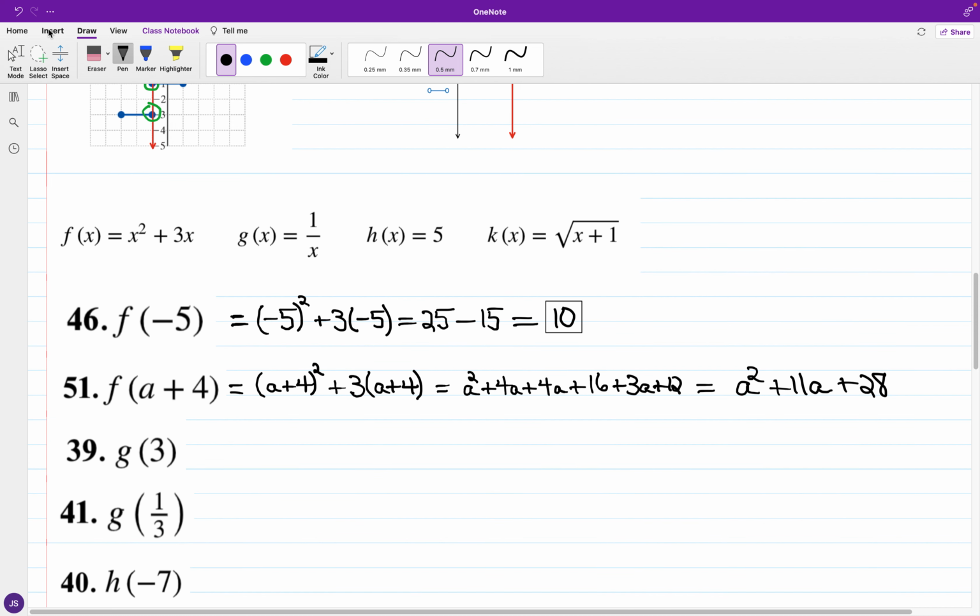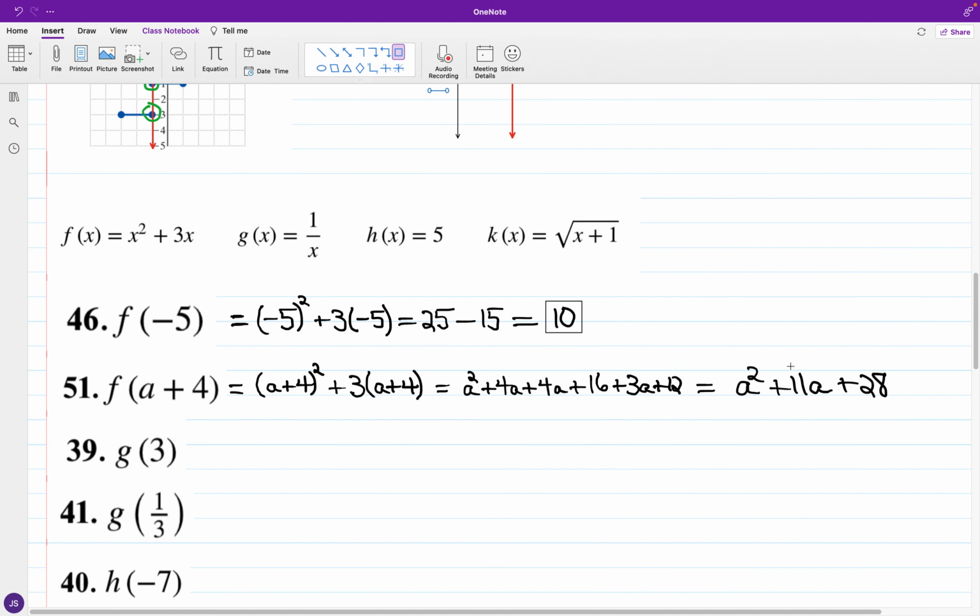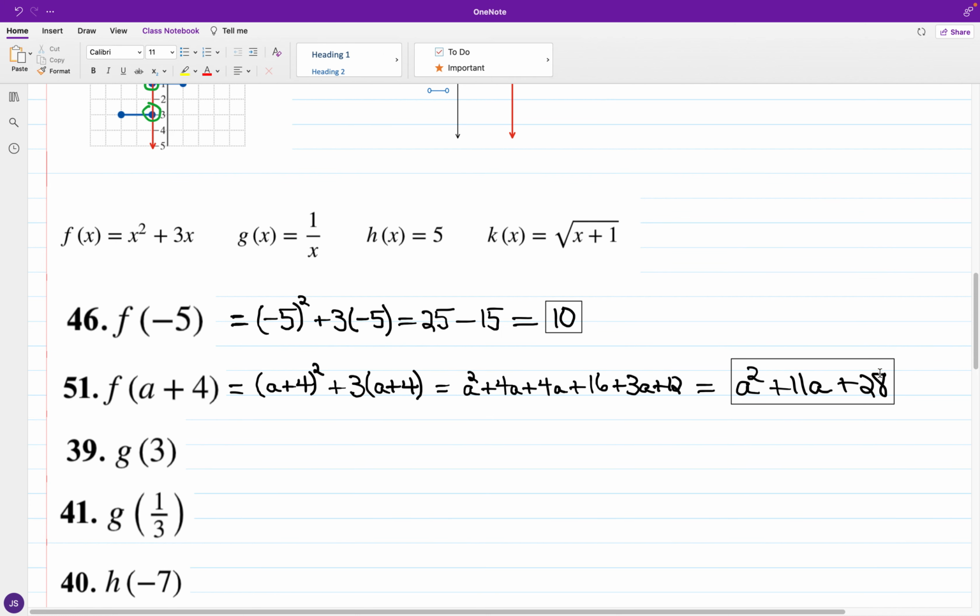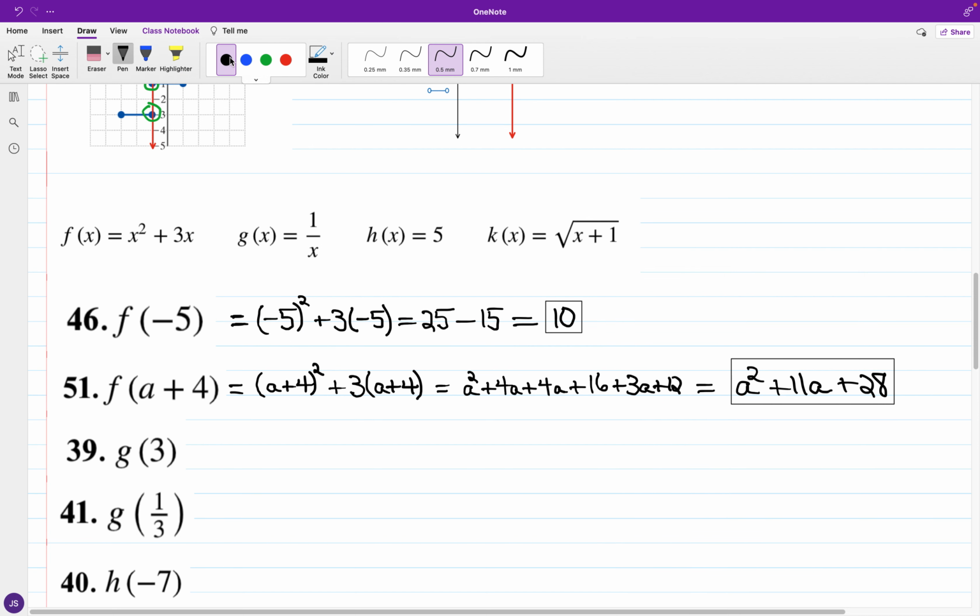So the input with the binomial a plus 4 is going to lead to an output that is a trinomial, a squared plus 11a plus 28.